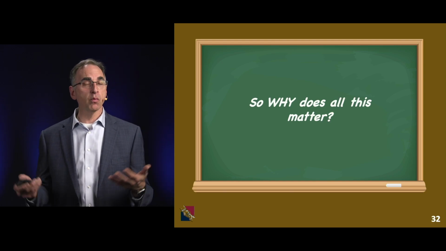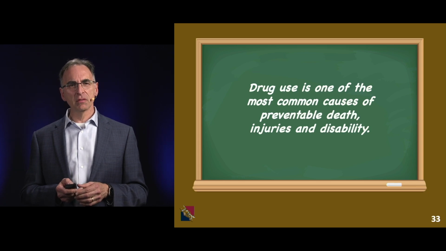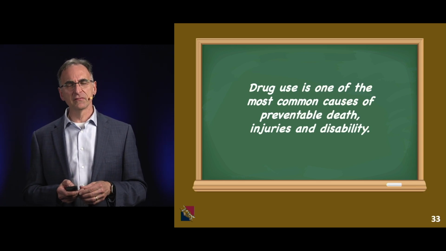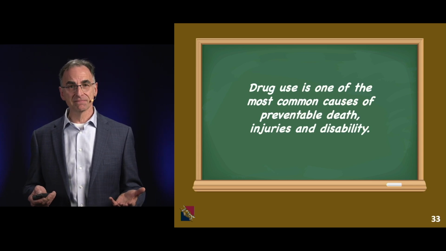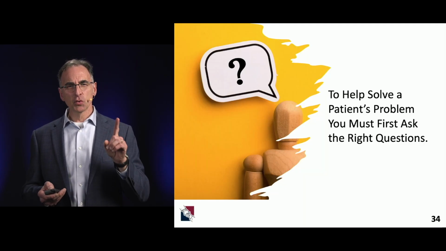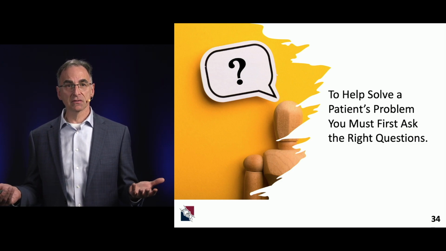So, why does all this matter? It does because drug use is one of the most common causes of preventable death, injuries, and disability in this country. So to help solve a patient's problem, you first have to ask the right questions.